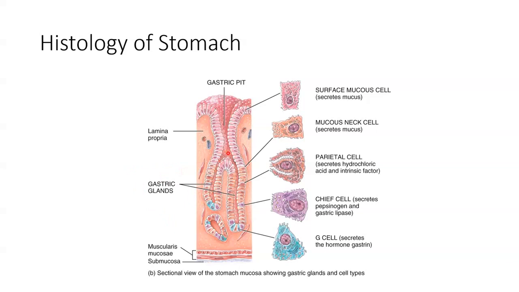Several gastric glands will open up into a narrow channel, which we now call a gastric pit. The secretions of several gastric glands flow into each gastric pit, and then into the lumen of the stomach.